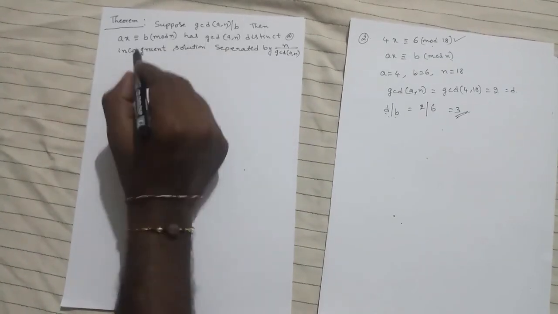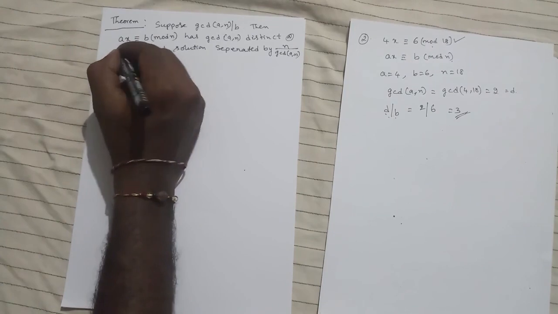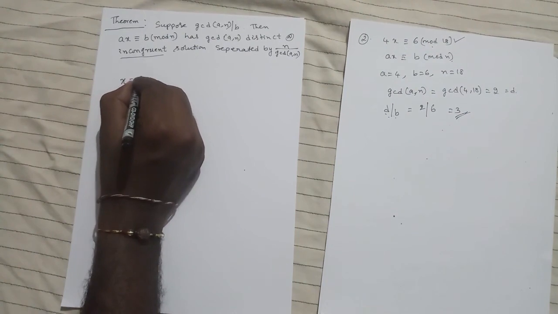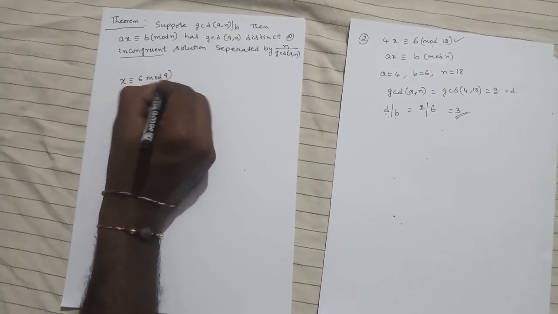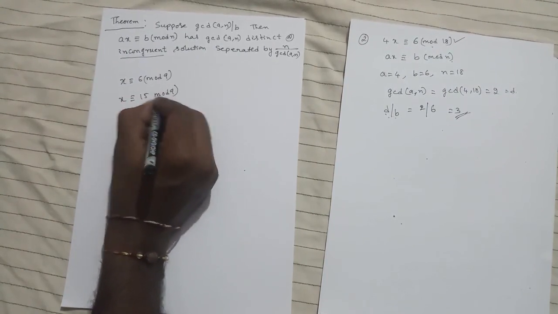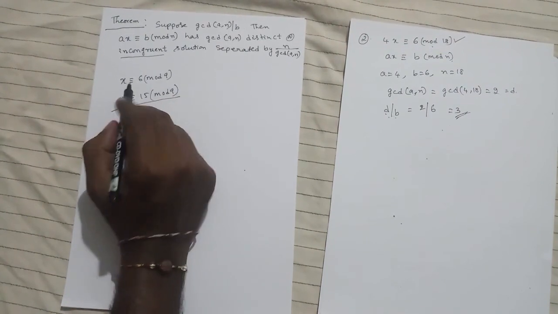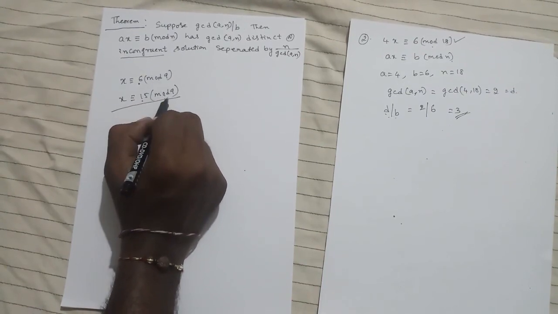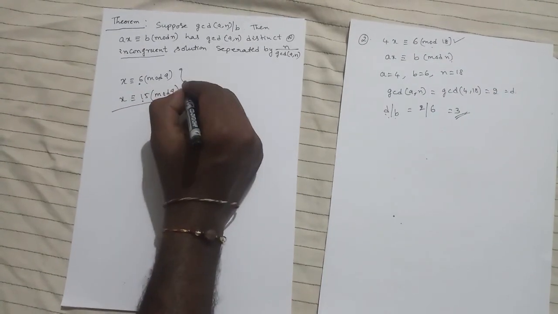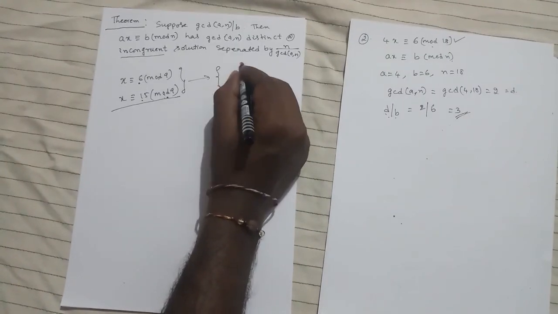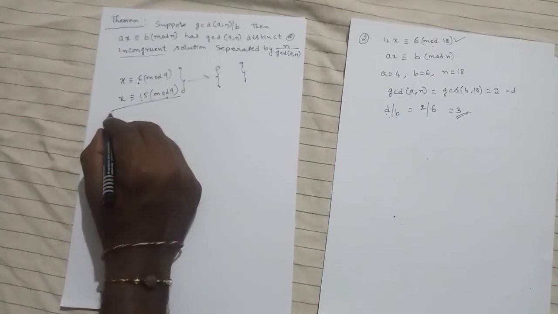So before going to the proof, I will tell you what is incongruent and congruent. Congruent means, suppose x is congruent to 6 mod 9, x congruent to 15 mod 9. If you have two solutions for the same problem, the remainder is 6 or 15, here the mod is the same, so you will get the same solutions, same numbers. In a set you will get the same solutions, but this is congruent.